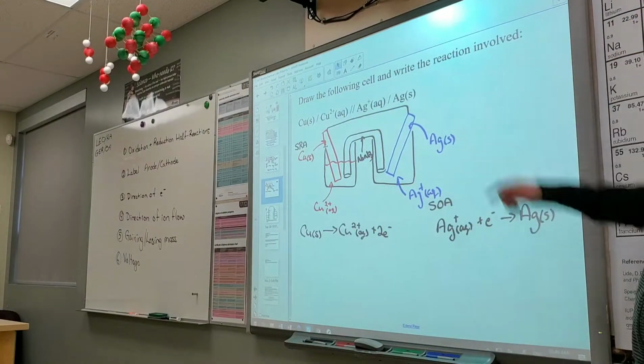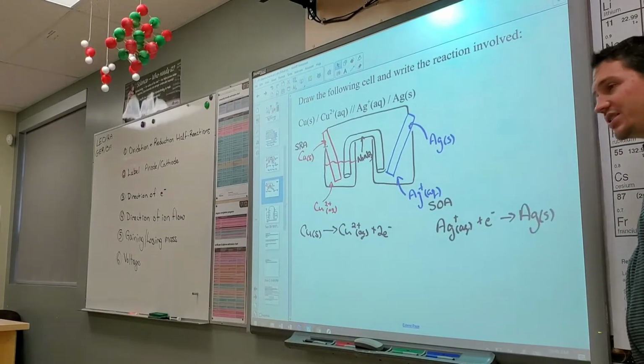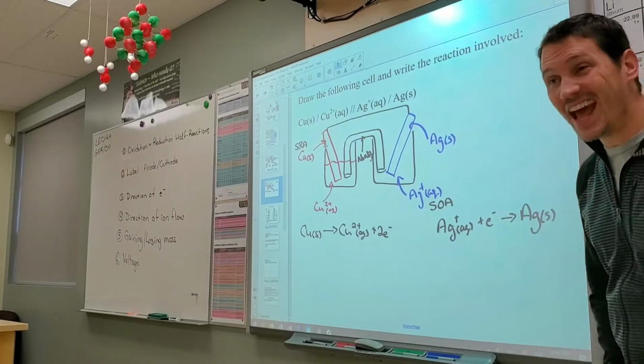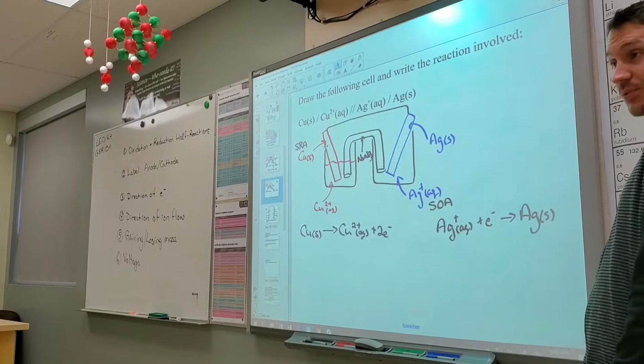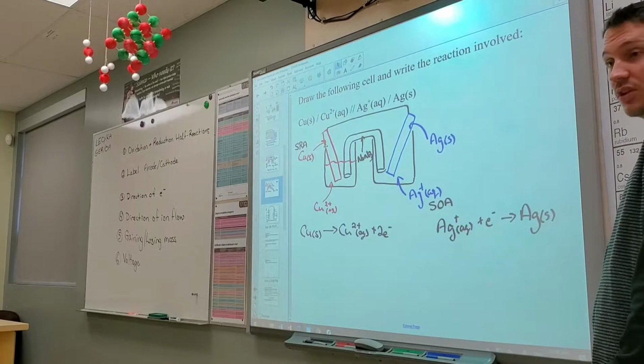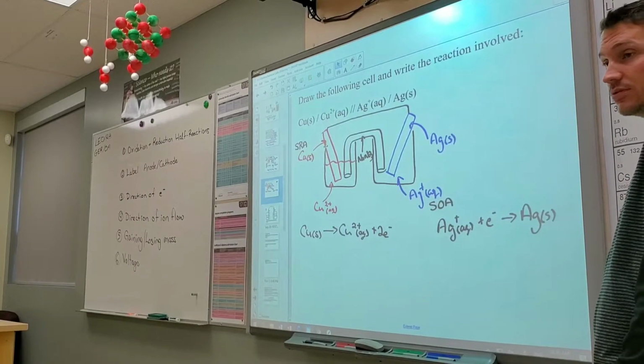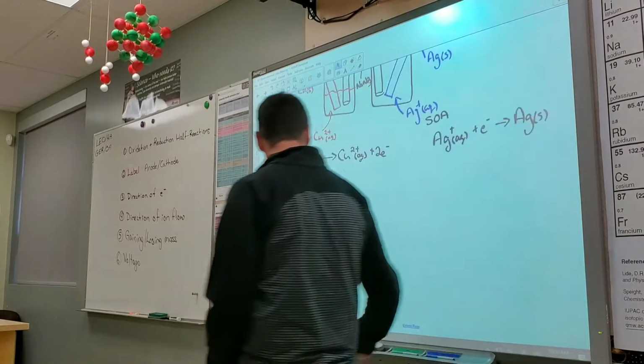So we've done number 1. We've labeled the oxidation and reduction half reactions. We could get a net reaction from this. That would be super easy. What's the lowest common multiple? 2 electrons, right? 2 moles of electrons.